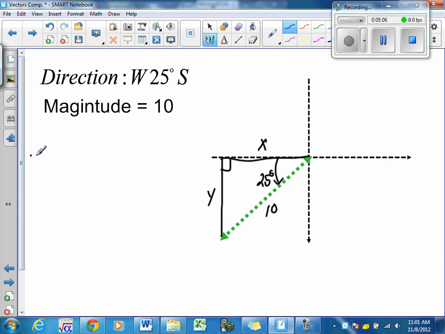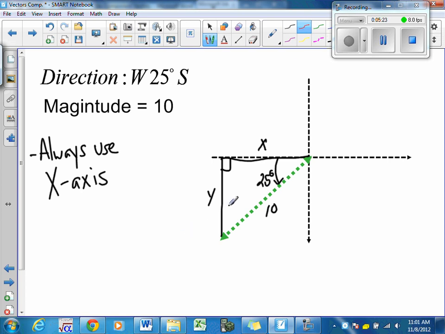Now, a couple things. One, always use the x-axis. You always, always, always want to go to the x-axis. And now I just solve this triangle.